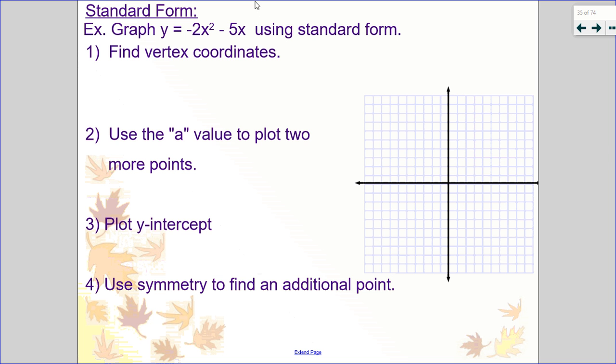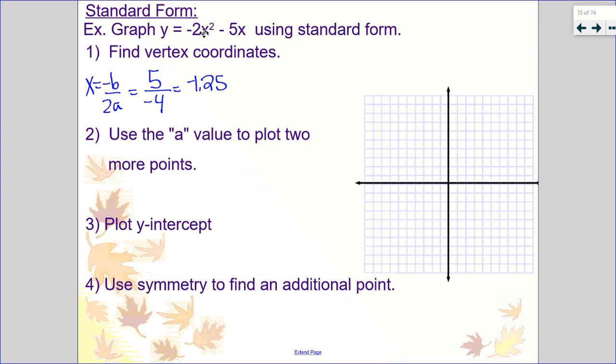All right, so this one looks a little weird if we take a look. It's y equals negative 2x squared minus 5x, but there's no plus 0. But that doesn't mean we can't graph it just like a normal parabola. So our vertex, as we know, comes at x equals negative b over 2a. So negative b will be positive 5. 2a will be negative 4. So I'm just going to write that as a decimal. It's negative 1.25 is the x value.